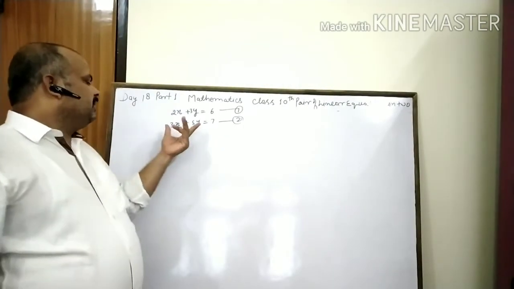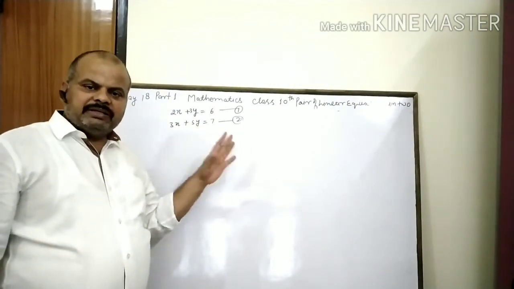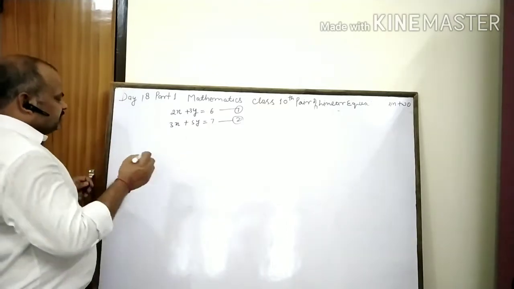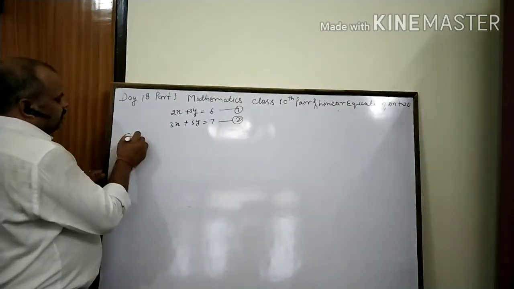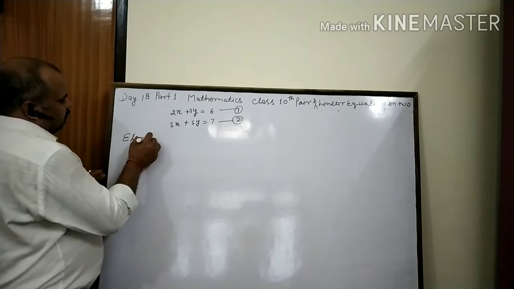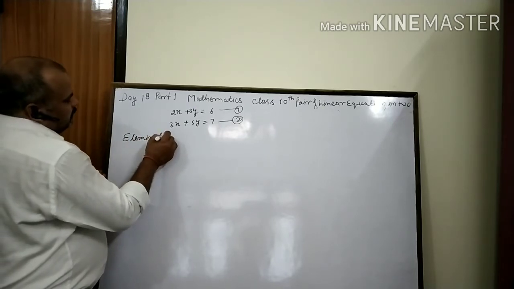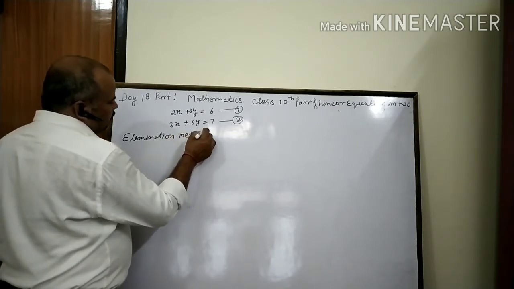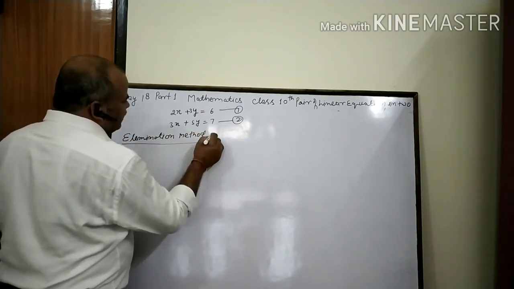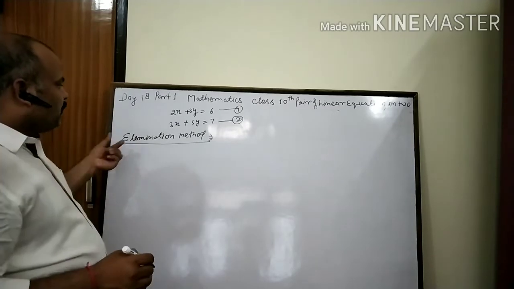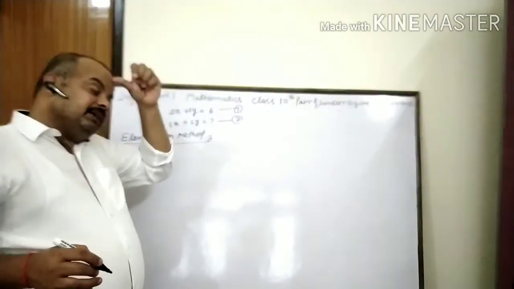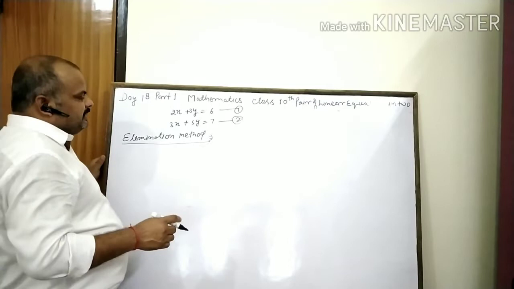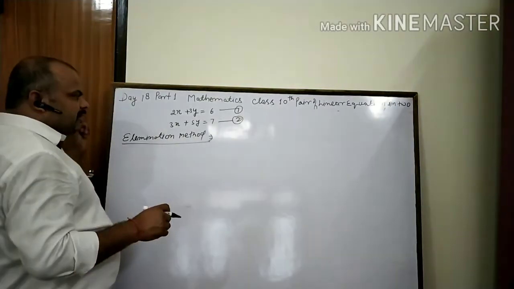Then you can use the substitution method, which is already discussed. Here we can discuss the elimination method. In the elimination method, we equate the coefficient and then eliminate any variable.